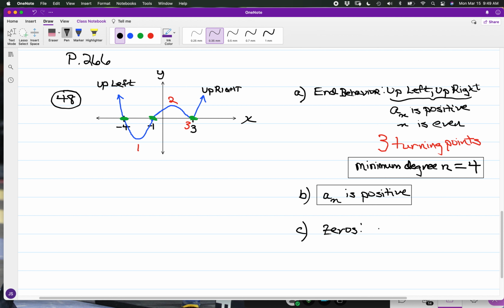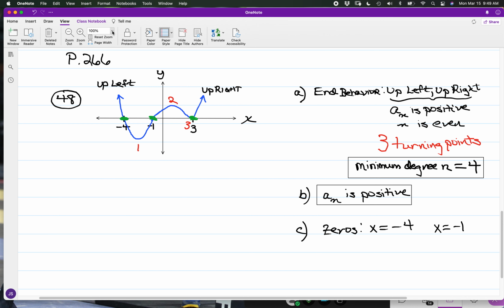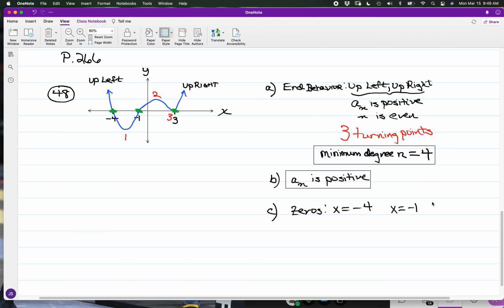Among the zeros, we have x equal to -4, x equal to -1, as well as x equal to 3.